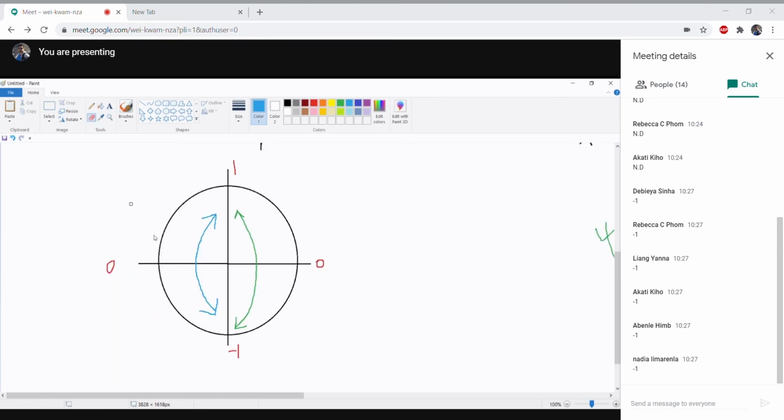Understood? Similarly, what will be the cos if I draw the same diagram?